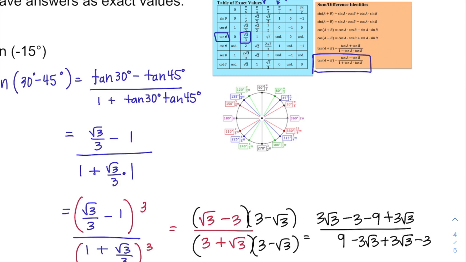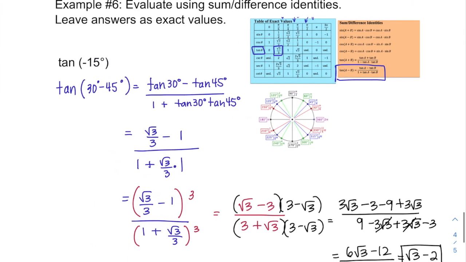So when I put it all together, 6 root 3 minus 12, all over, middles cancel, all over 6. So root 3 minus 2. So the tangent of negative 15 degrees is root 3 minus 2.